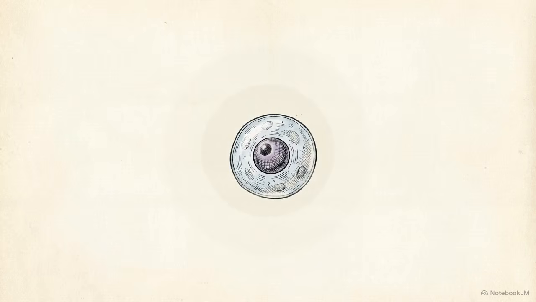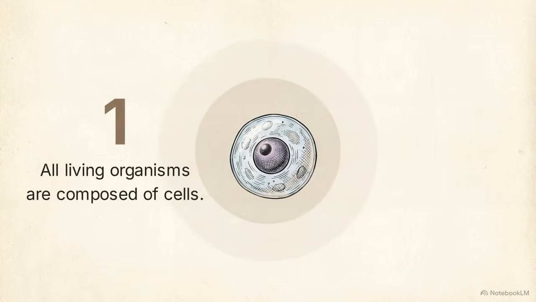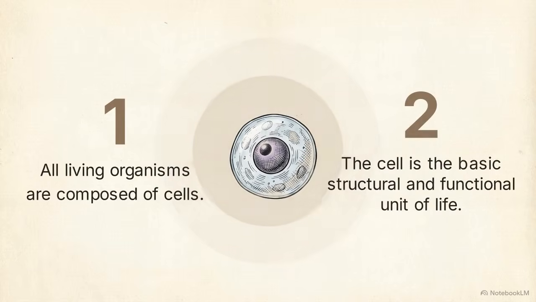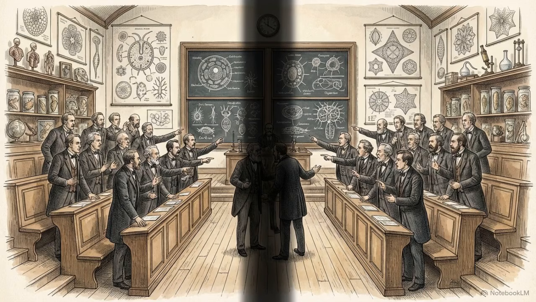Both the complex plant and the complex animal were constructed from the exact same biological base units. This realization established the first two tenets of classical cell theory. First, all living organisms are composed of cells, and second, the cell is the basic structural and functional unit of life.